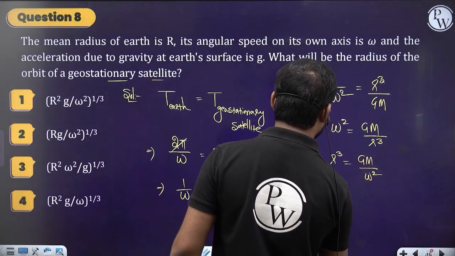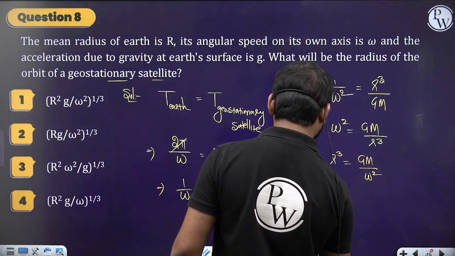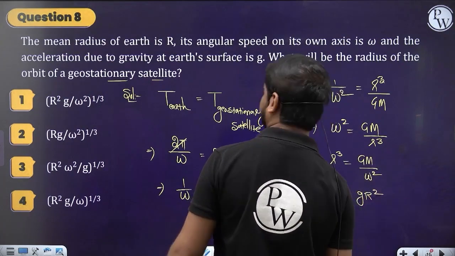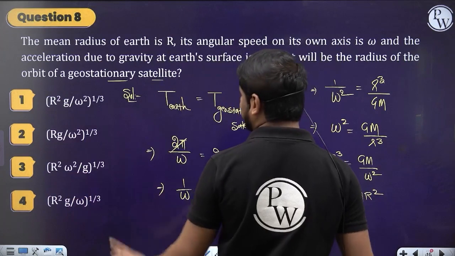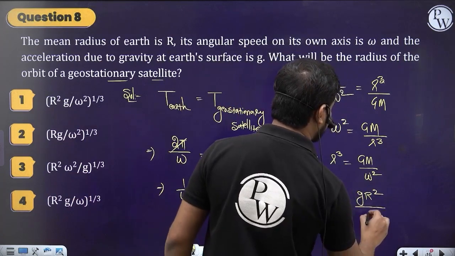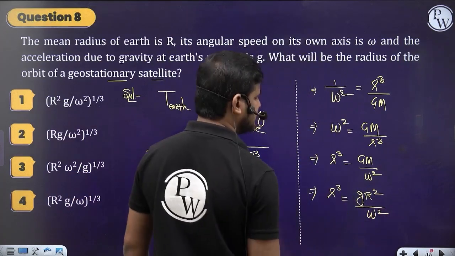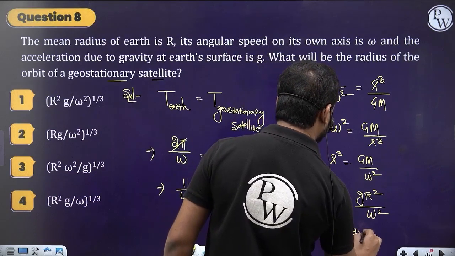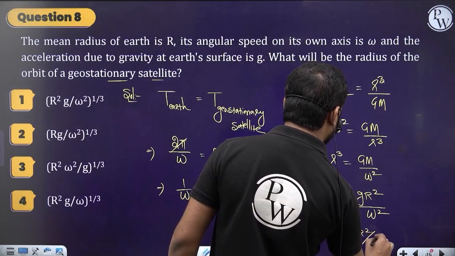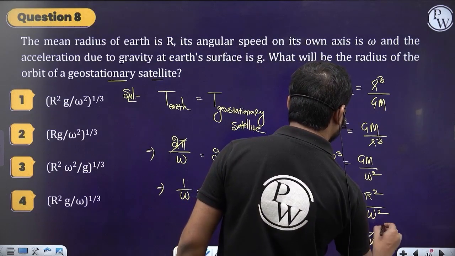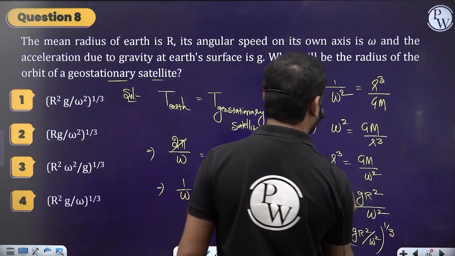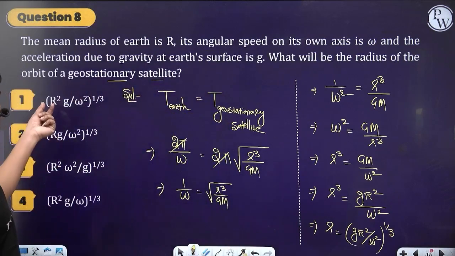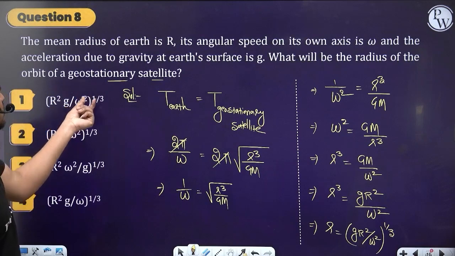In place of GM, I am writing gR square, because I need it in small g and capital R. So r cube is gR square by omega square, and r is equal to gR square by omega square, whole to the power 1 by 3.